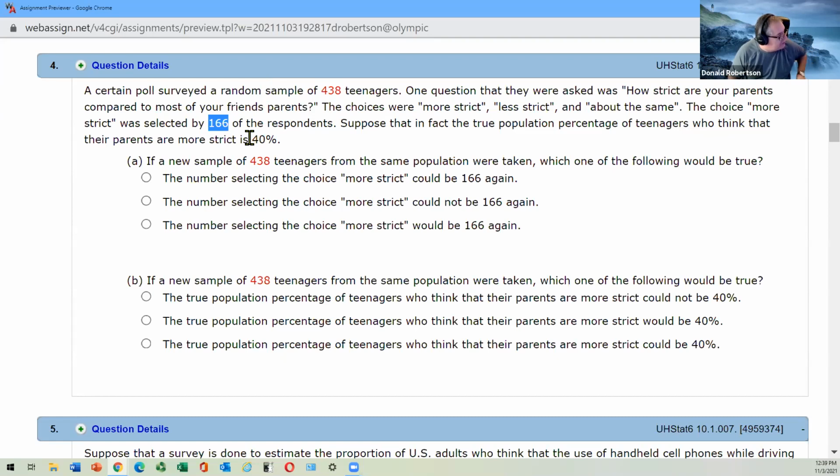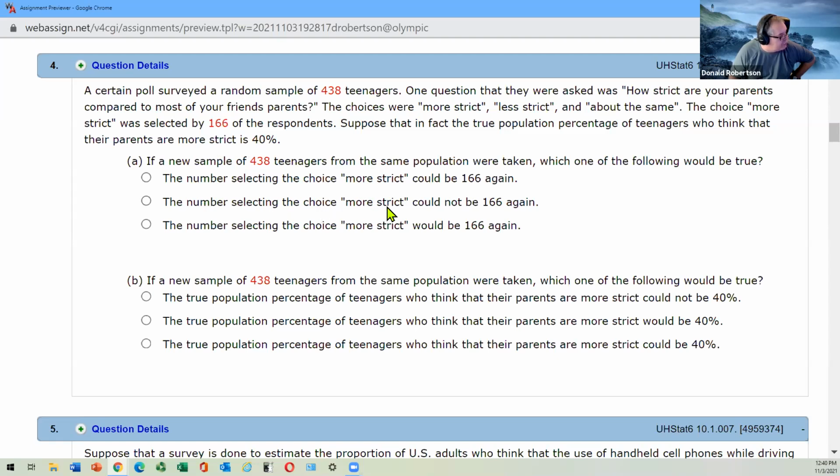Now here's the question. Suppose you asked another 438 students from the same population, of course. Which of the following would be true? The number selecting the choice more strict would again be the same number as it was here.